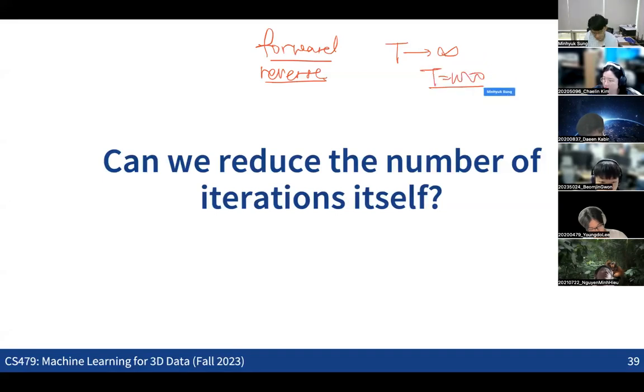So it can be long. Can we reduce the number of iterations of t while not sacrificing the quality of the samples? That's the more fundamental question. How can we reduce the number of iteration steps while not compromising the quality of the data samples that much? That's what we want to do.